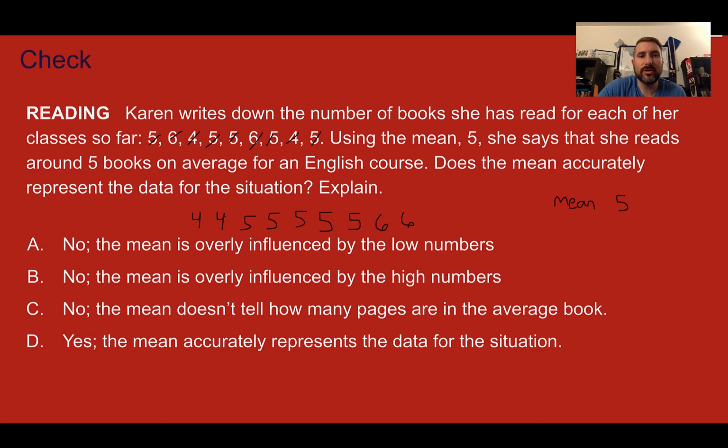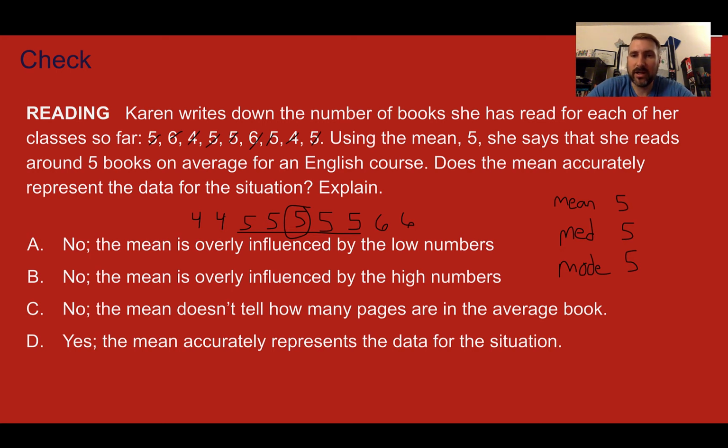There are 1, 2, 3, 4, 5, 6, 7, 8, 9 numbers. 9 divided by 2 is 4.5. So the 5th number, which means the median is also 5. And our mode, there are 5 fives. The mode is 5.